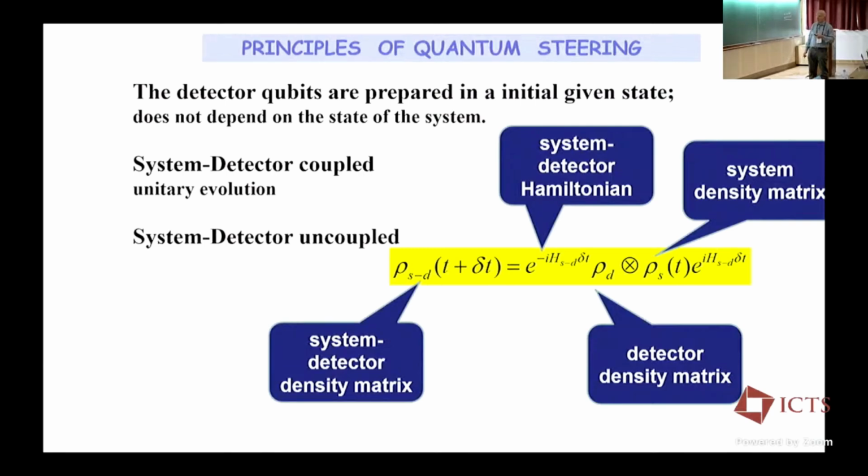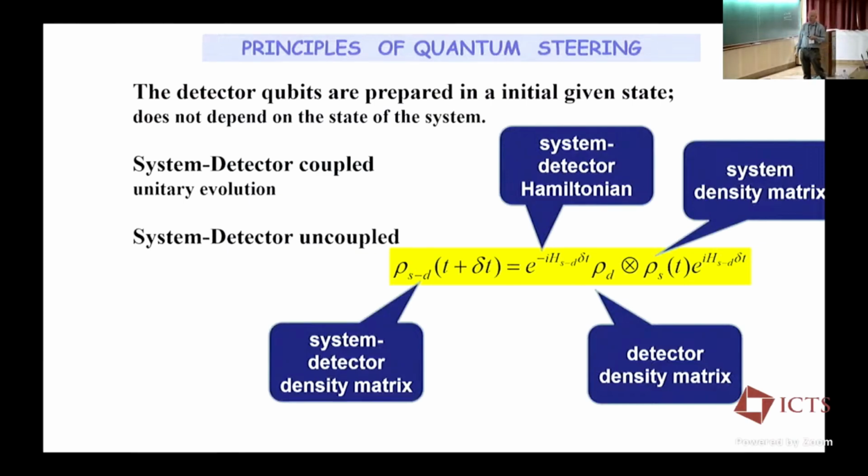At the beginning of this interval, mind you, we have the running state of the system, rho sub s at time t, times the independently prepared detector, the initialized detector. And we let the two evolve with the system-detector evolution operator.